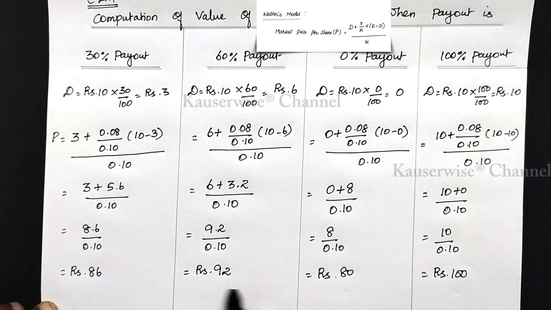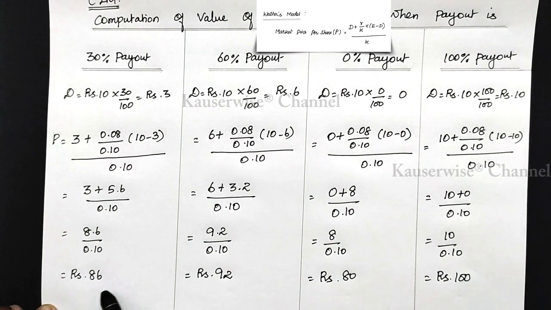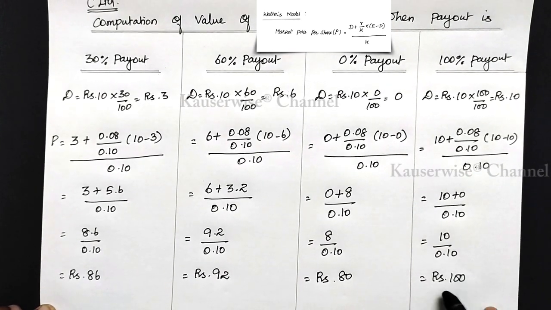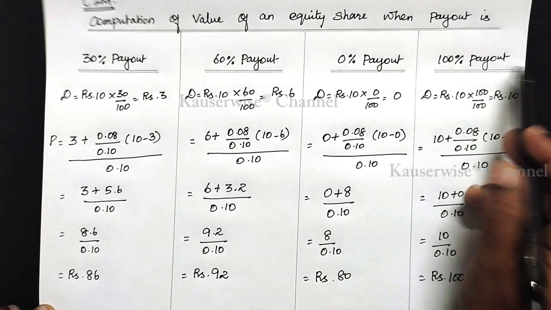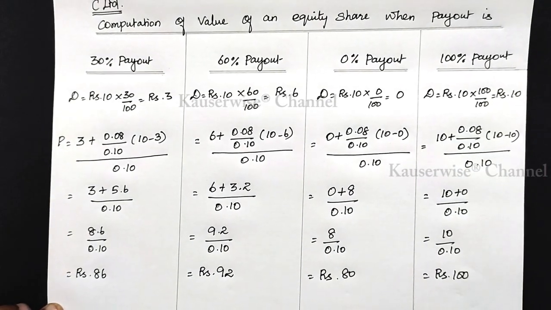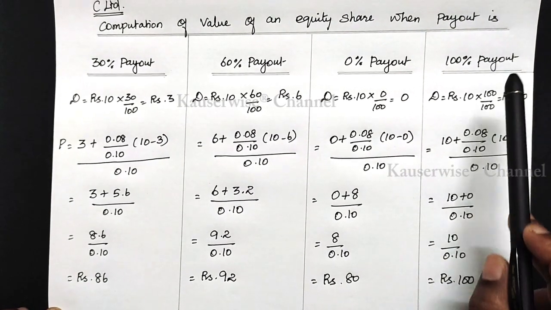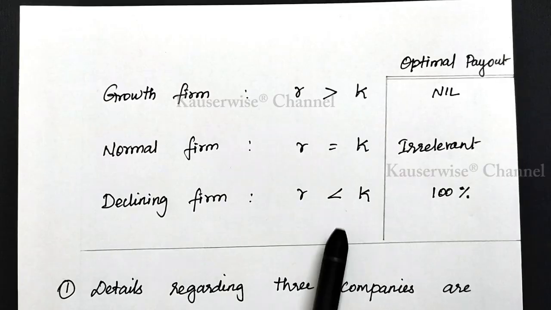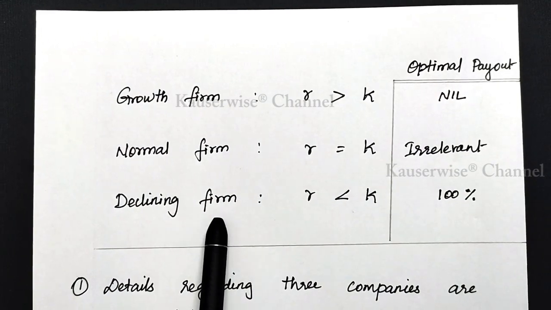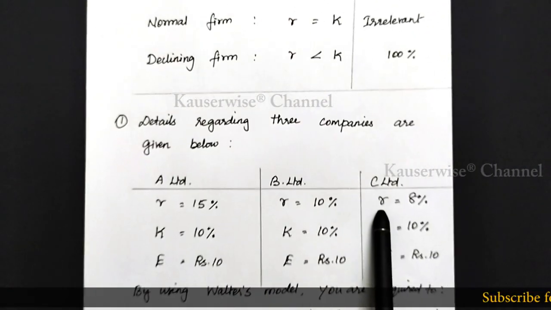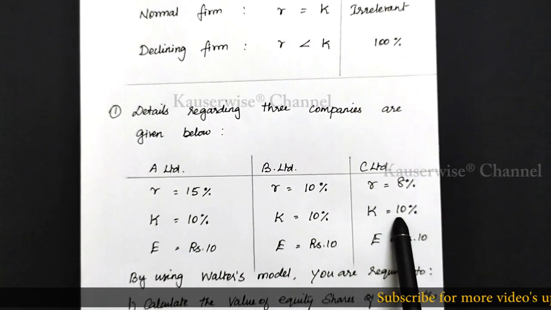Now, find out the maximum market value per share. Which one is highest value? 100 is the highest value, on 100% payout. So, this firm is a declining firm. For declining firm, the maximum payout is 100% payout. See the procedure. Declining firm is R is less than K. Look at the problem. R is 8%, K is 10%.